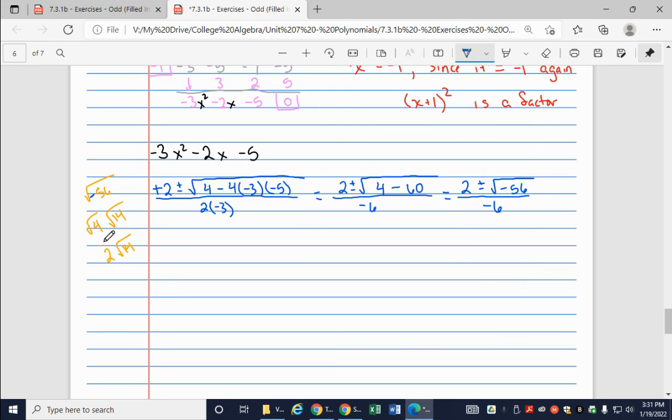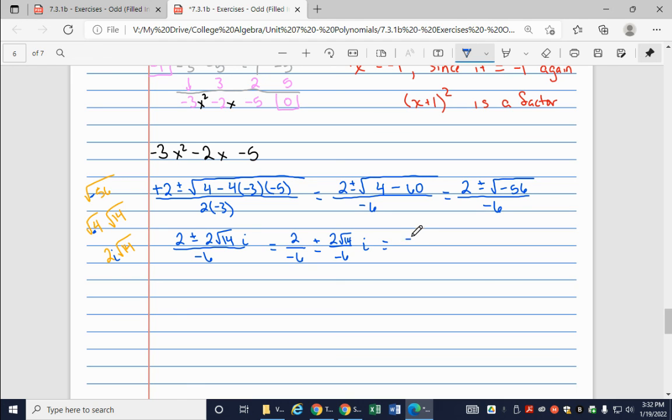So it's a negative 56, so a negative 4, which means I'm going to have the square root of 2i, or I could put the i on the end. So when I write this, it's really 2 plus or minus the 2 square root of 14i over negative 6. And then I split it apart, so I have 2 over negative 6 plus or minus 2 square root of 14 over negative 6i.